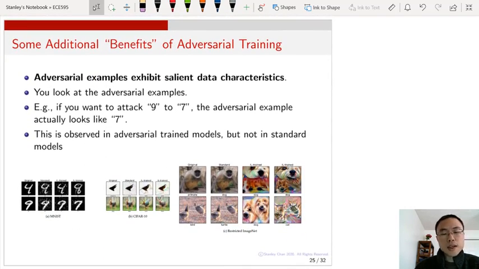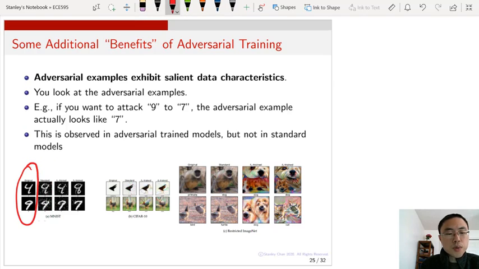The second phenomenon that they observed is that the adversarial examples exhibit salient data characteristics. So here is an example. This is the original image, from the MNIST data set, a digit 4 and a digit 9. And then if you train with the standard protocol and you want to attack it, the perturbation would look like this.